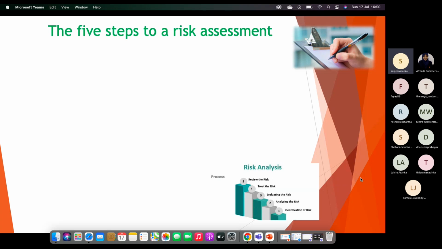So we analyze, if there is a loss, what is the cost, and what are the materials in that building. Evaluating means the loss cost, the maximum value of the loss, and the maximum probability of the loss. So at the evaluation stage, we analyze that part.